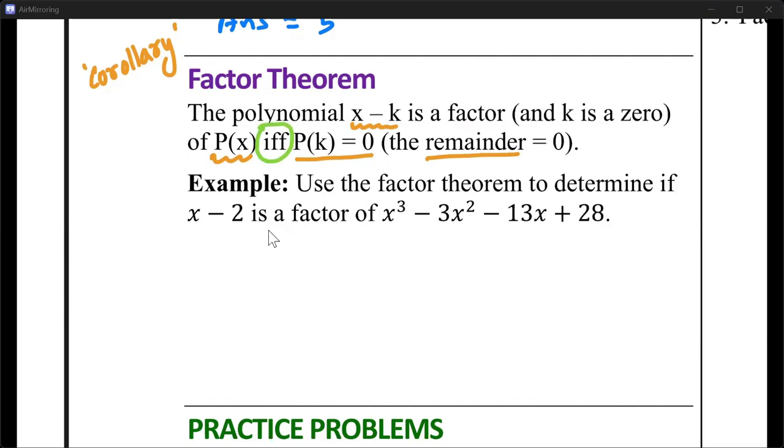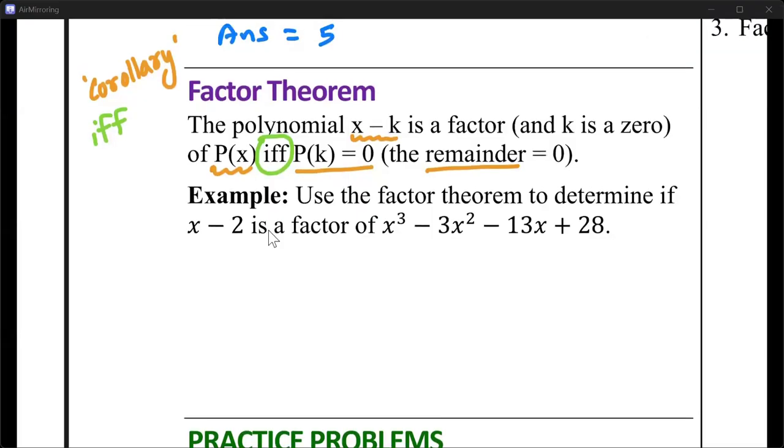That's not a typo. You might already know it. The if stands for, is equivalent to, this is how I'll write it, if and only if.